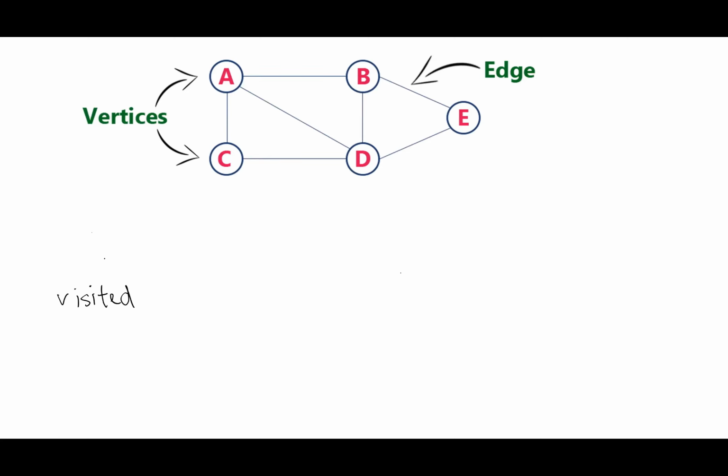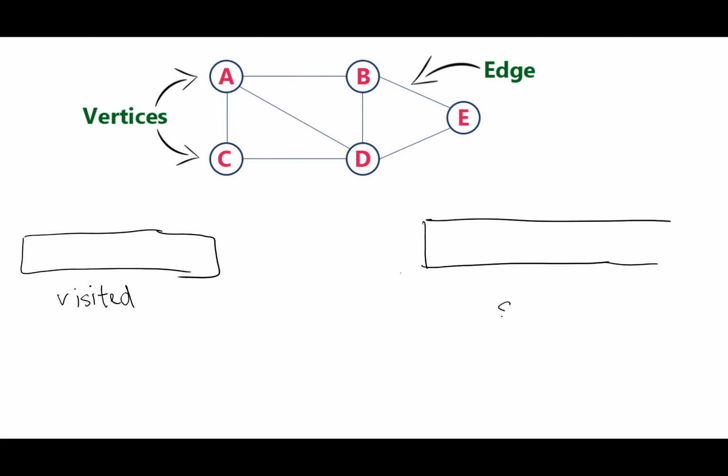So we have a visited list here. And then we are going to have a stack data structure. So we'll have a stack. And we know the principle that a stack follows is last in, first out.